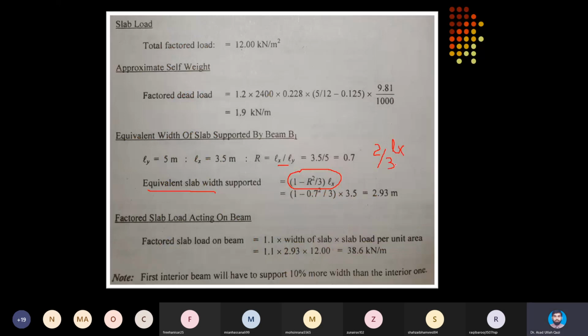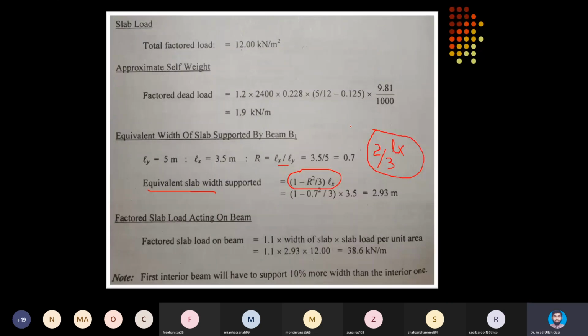You can check your notes or recorded videos where we derived this equation for the beams which are running along the shorter span in slab panels. And if slab panels are square, then for all interior beams we will get 2 by 3 Lx, because there will not be any trapezoid in the slab system.